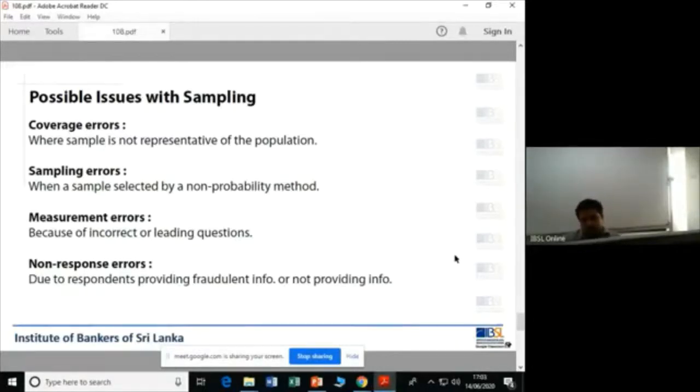The broader idea of the measurement error is where the response differs from the actual value. Let me repeat it. The response or the collected data differs from the actual data that you intended to be collecting.